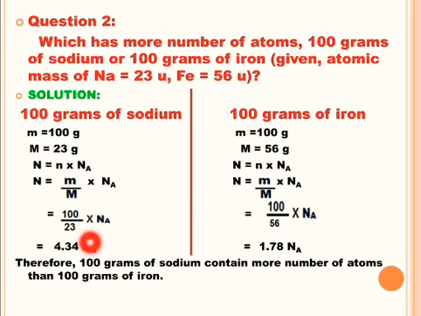You can multiply 4.34 with the 6.022 into 10 raised to power 23, or you can simply write 4.34 Avogadro number, that is Na. So in this way you get number of sodium atoms in 100 grams of sodium.